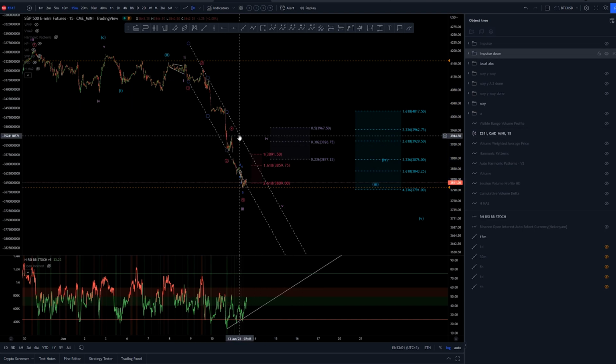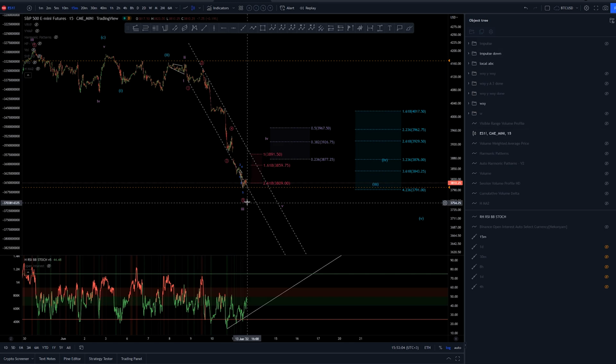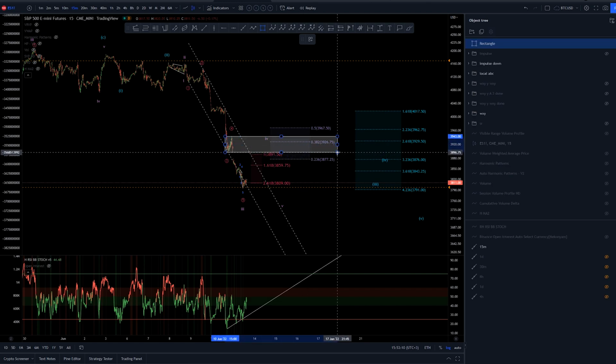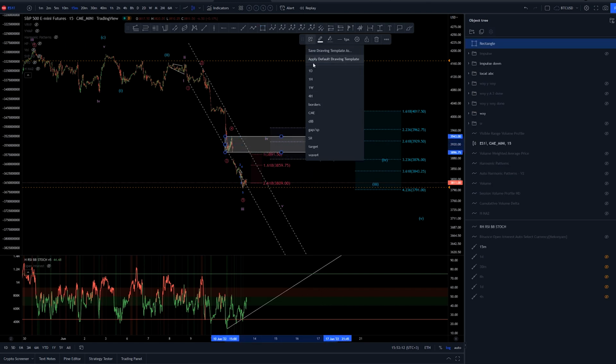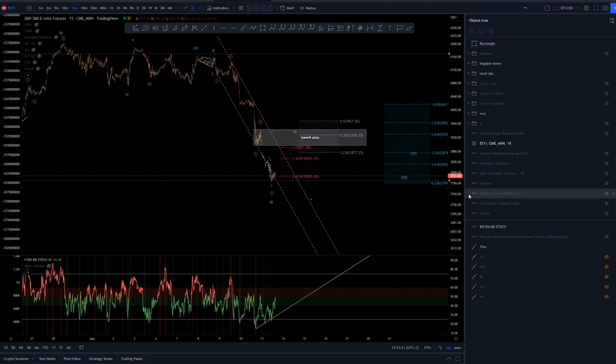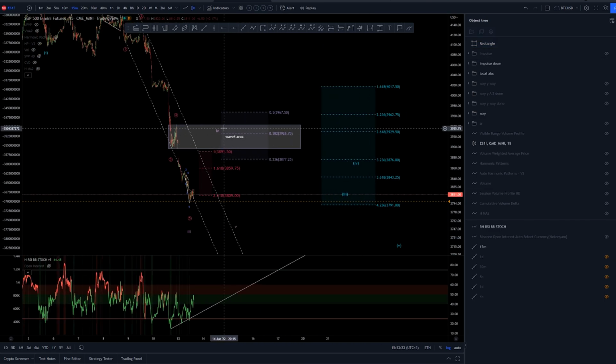That area lies right here where we have the micro wave structures wave 4, and that is another target usually for wave 4s, the previous lower degree wave 4. So this is a target box wave 4, and that is for this color. So we do have confluence around here as well.